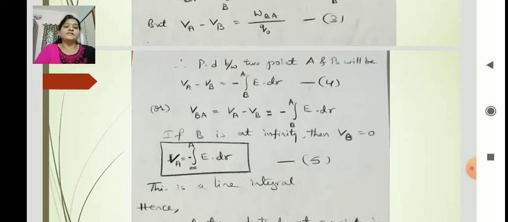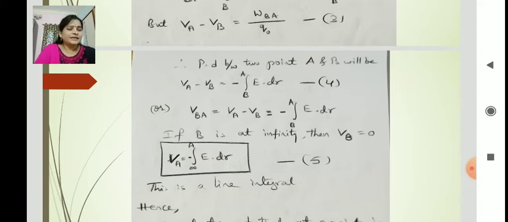Therefore, the potential difference between 2 points A and B will be VA minus VB, that is equal to minus integral B to A of E dot dr.